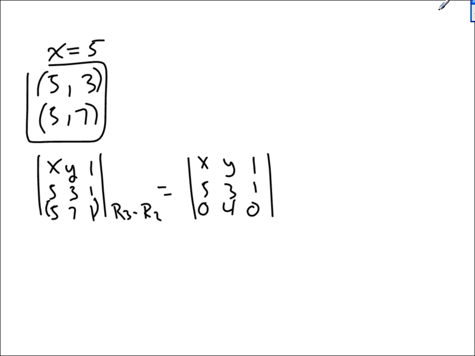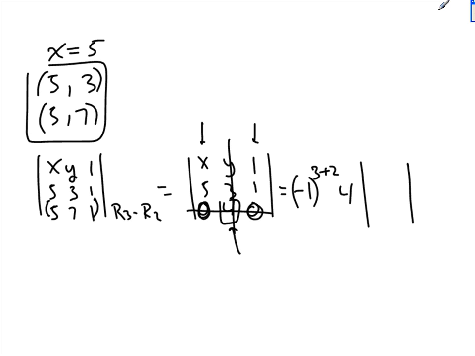I will expand about this third row. That means I have to cross off column by column. But crossing off this column doesn't contribute anything because I'm going to multiply by 0 at some point. Same thing here, it is a 0. Only that number comes into play. It's -1 to that position, third row, second column, times that number, which is the 4, times the determinant that remains.